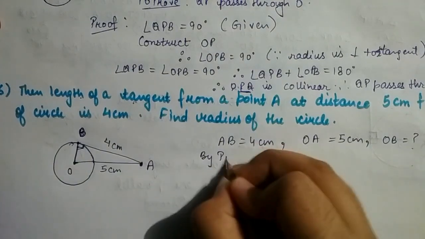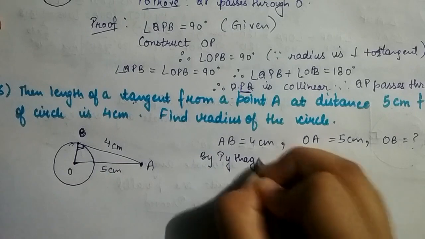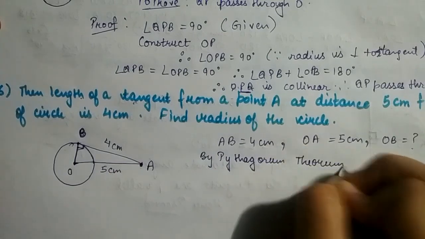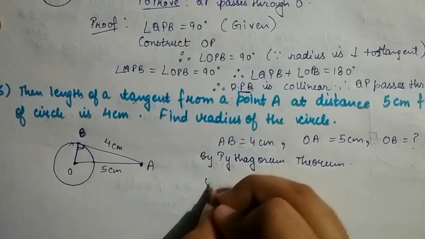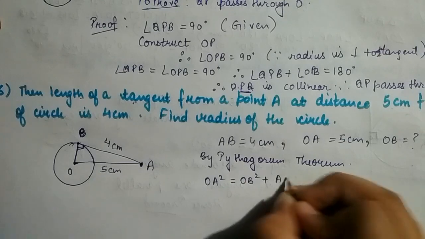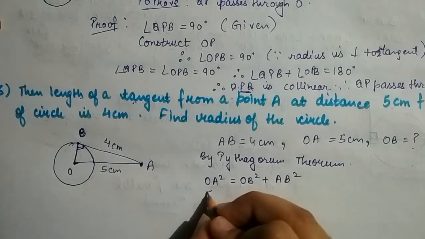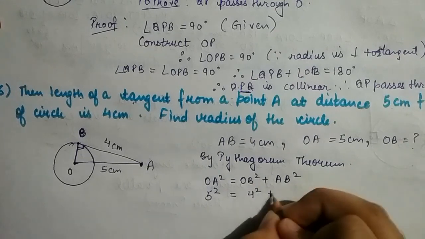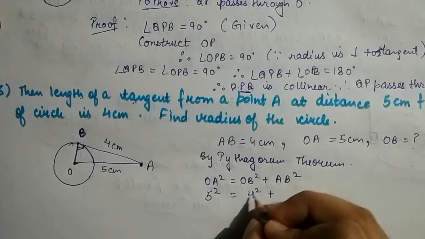By Pythagoras theorem, hypotenuse is OA. So OA square is equal to OB square plus AB square. Now what is OA? It is 5. So 5 square is equal to OB square plus 4 square. We have to find OB, so keep OB as it is.